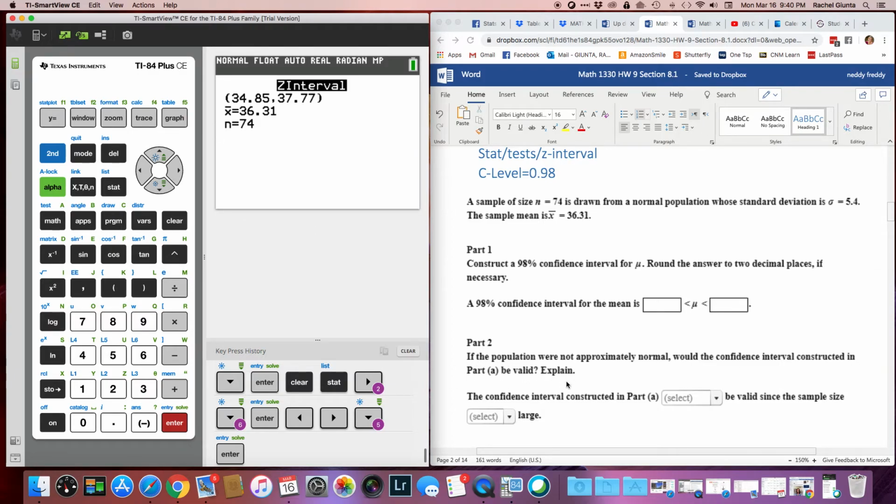The rule for that is confidence intervals are valid as long as the sample size is greater than 30. And so you might have some differently worded question that asks about that. So if your sample size is greater than 30, then the confidence interval is considered to be valid. So you would say for here, yes, it is valid since the sample size is large.